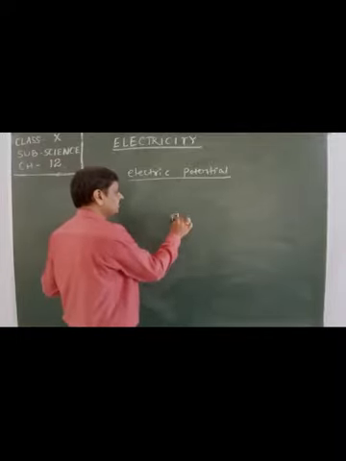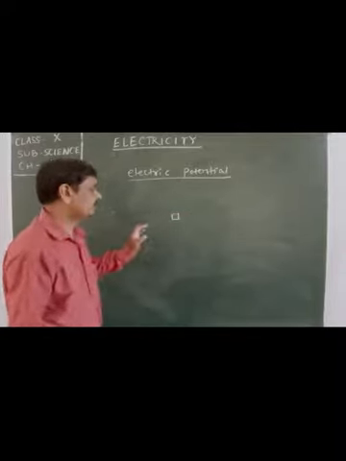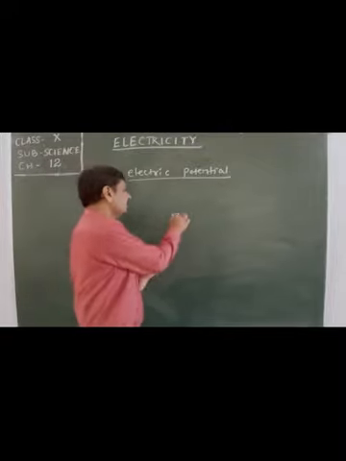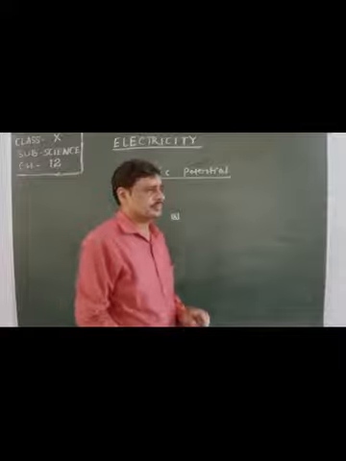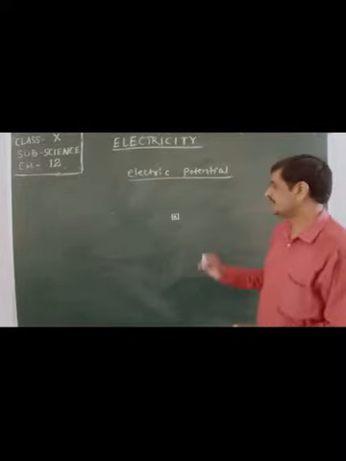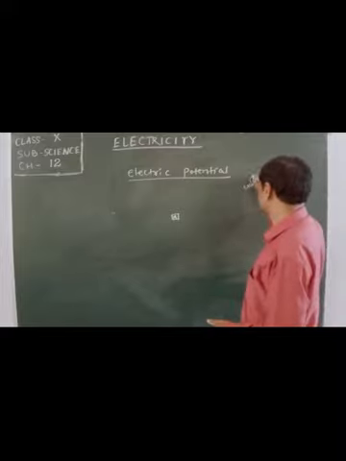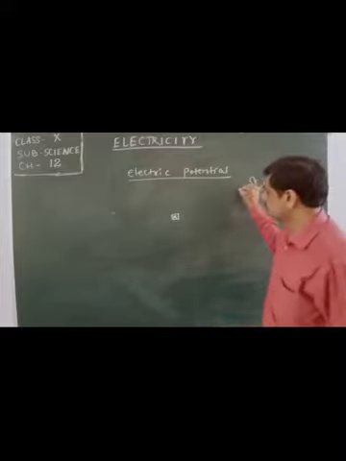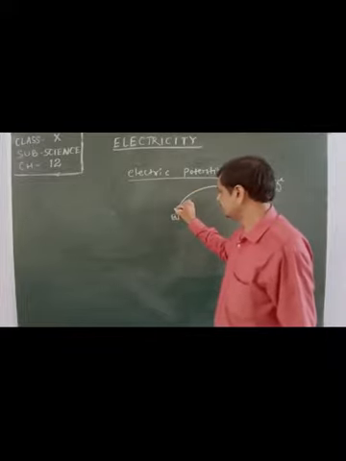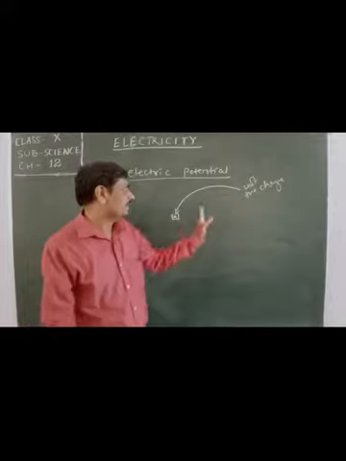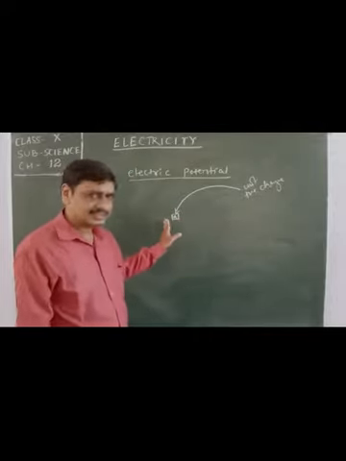If we want to find the electric potential of point A, it is defined as how much work is done to move a unit positive charge from infinity to the given point.